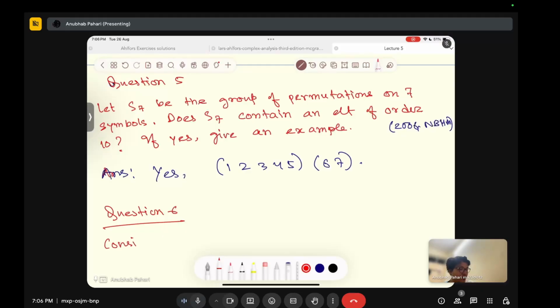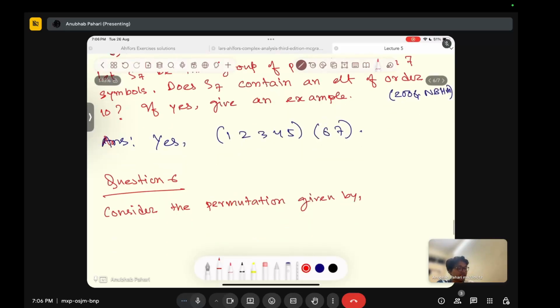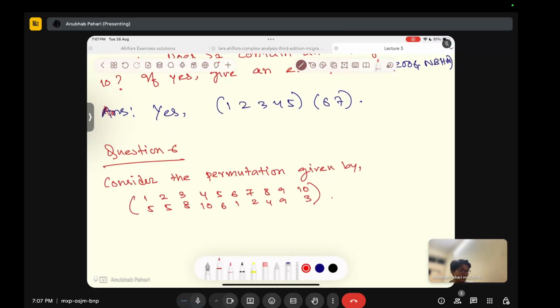Consider the permutation given by 1 goes to 5, 2 goes to 5, 3 goes to 8, 4 goes to 10, 5 goes to 6, 6 goes to 1, 7 goes to 2, 8 goes to 4, 9 goes to 9, 10 goes to 3. Sir, 1 goes to 5 and 2 also goes to 5 again, so it should not be so. Let me see: one of them should go to 7.